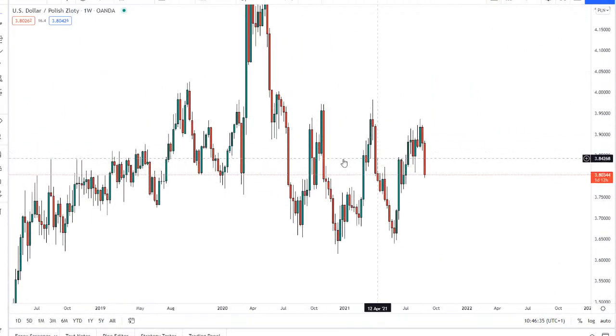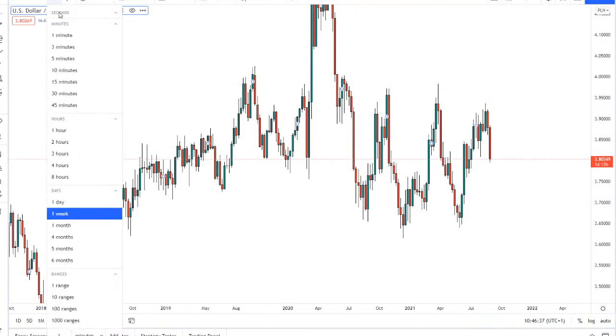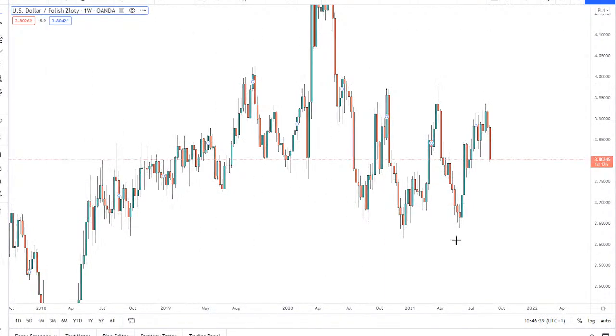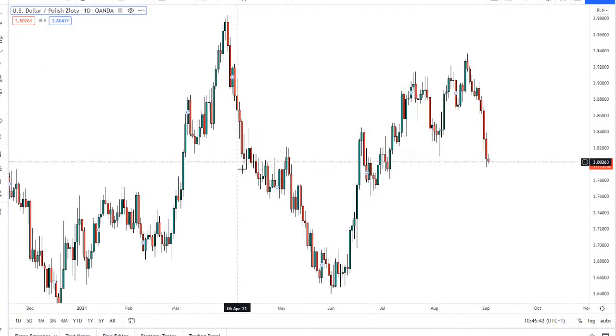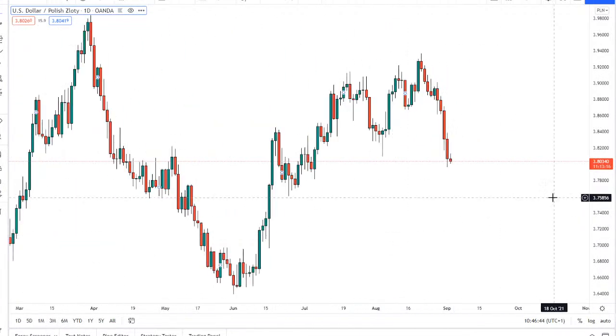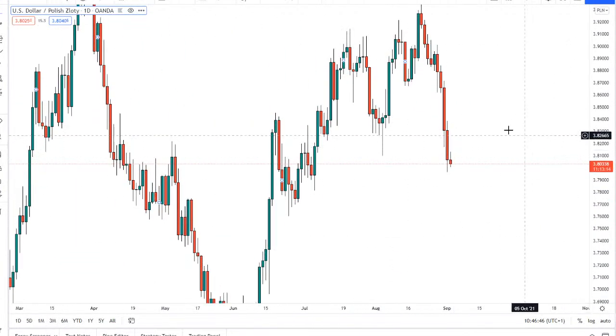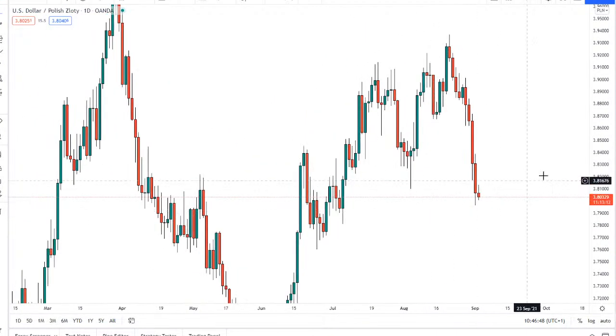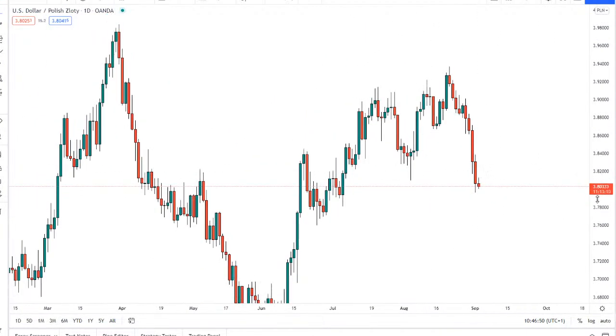Okay, so on the higher time frames, definitely bearish. Definitely bearish here on the daily. Just had quite a nice dump to the downside, I see. So yeah, for this one, a lot more downside here for USD PLN on the higher time frames.